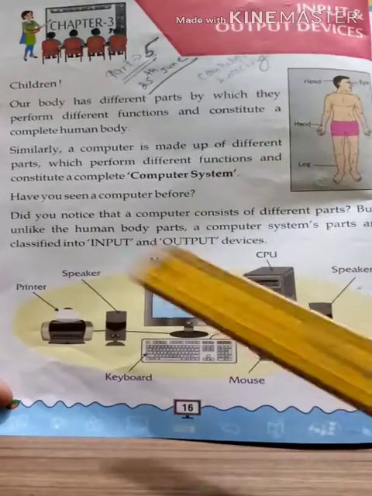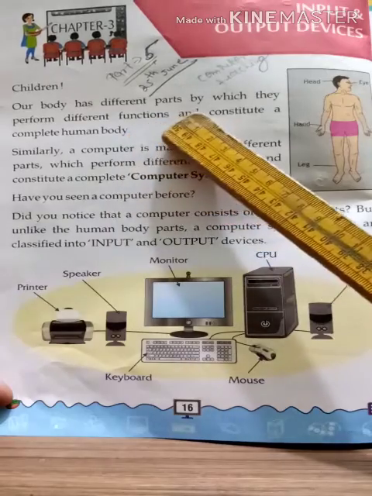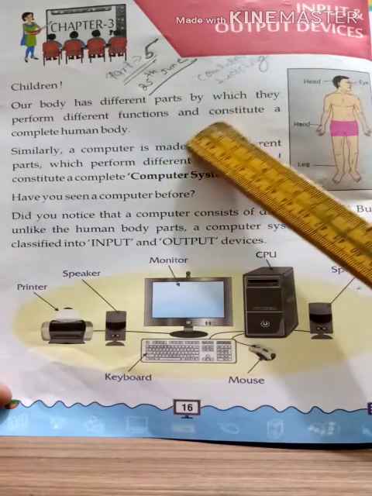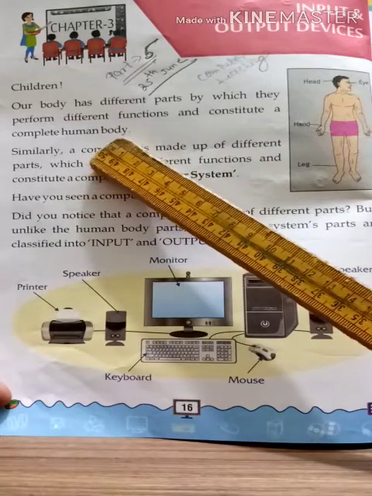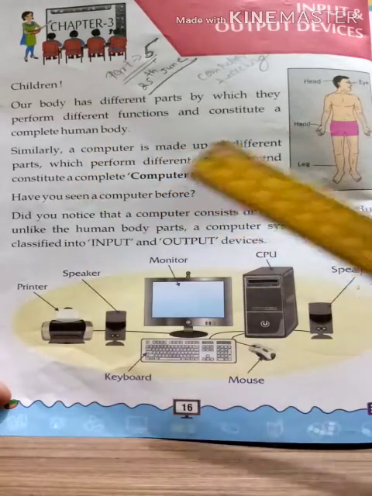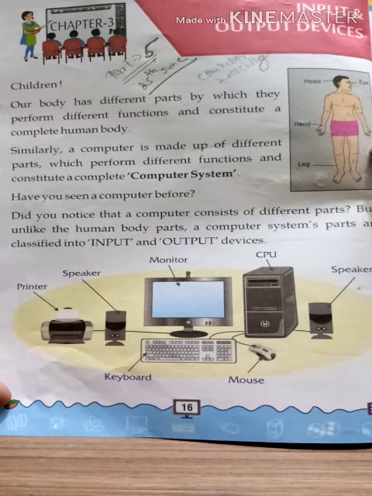Okay. Our body has different parts by which they perform different functions and constitute a complete human body. When you look at your screen, one picture is given here in your book, that is our body parts.